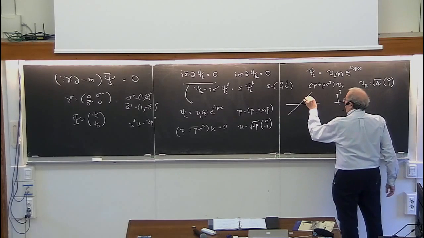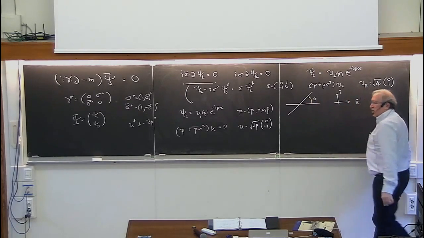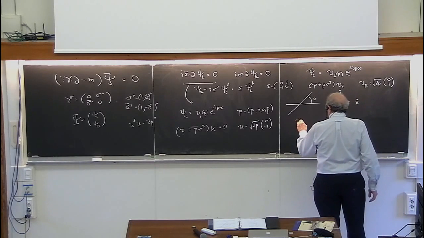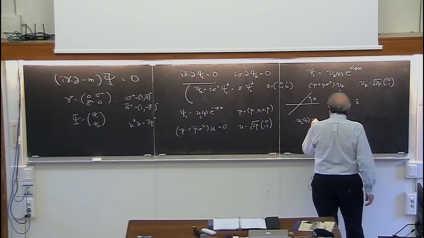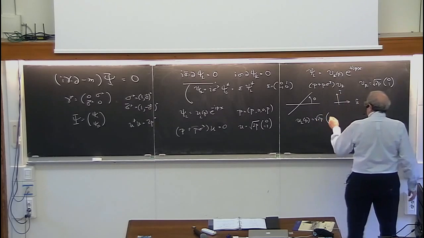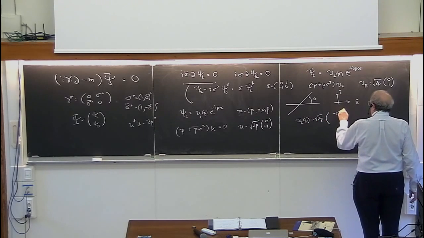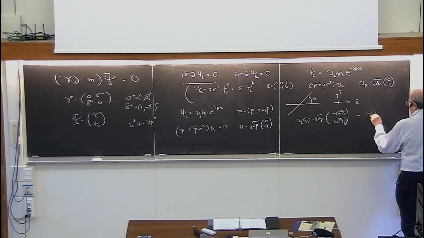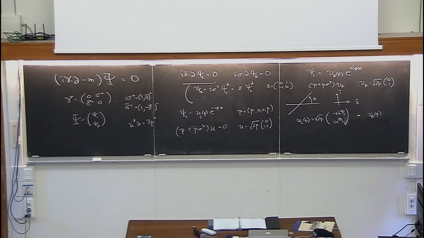So we need to rotate things by theta, and then we'll get UL of P is the square root of 2p, minus sine theta over 2, because it's a spin-a-half particle, and the same spinner for the right-handed particle.